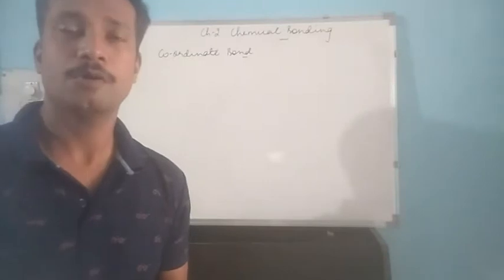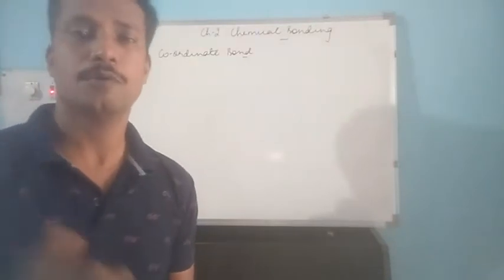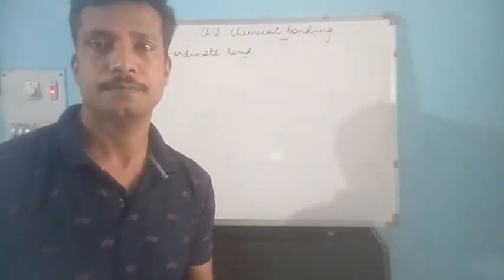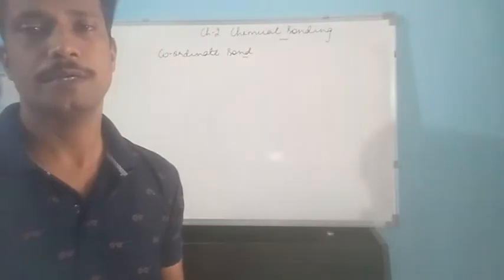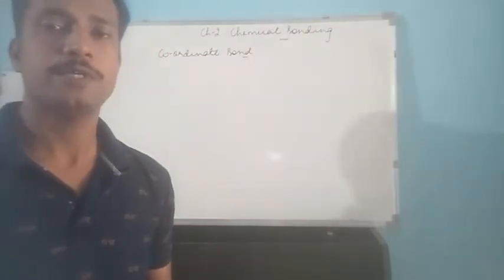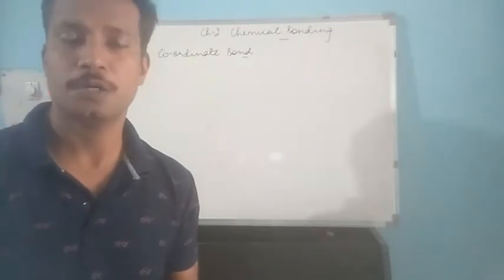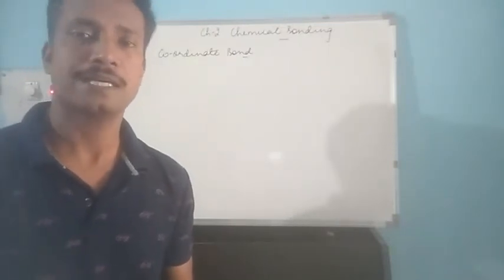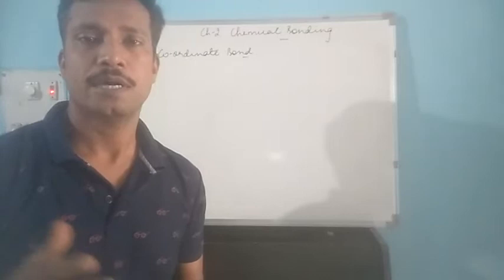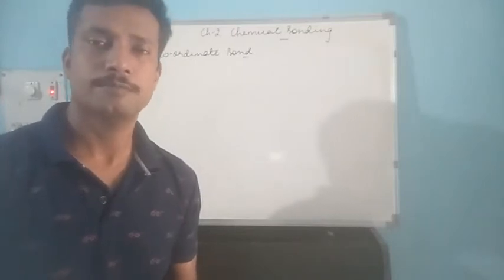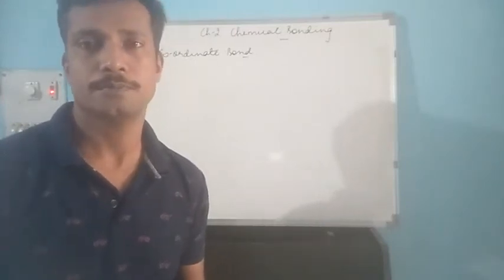Now, this is a bond that will be formed between two combining atoms, that is between two nonmetals, out of which one nonmetal should be having at least one lone pair of electrons, and the second atom must have sort of a pair of electrons.